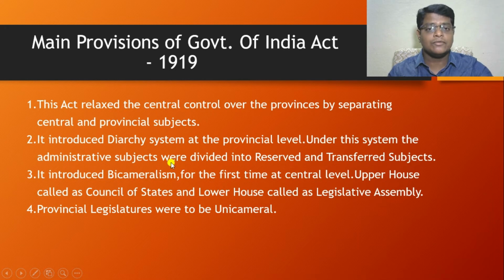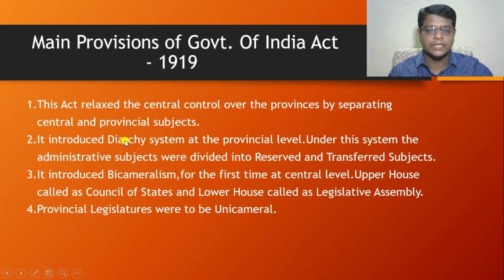We already separated central and provincial subjects. Central subjects were not classified as reserved and transferred; that means diarchy was not introduced at the central level, but at the provincial level.